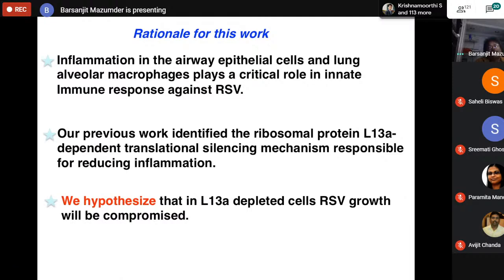Our previous work identified, I showed data, that a ribosomal protein L13A dependent silencing mechanism is responsible for reducing inflammation. Since inflammation also works against the virus, when L13A is knocked out, inflammation will be high, and we hypothesized that maybe this mouse will be resistant to RSV growth.